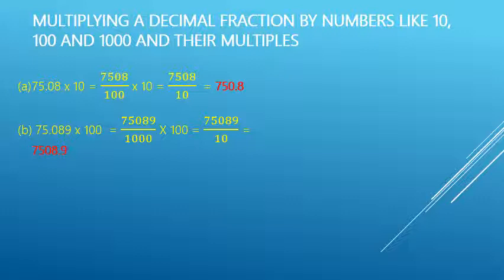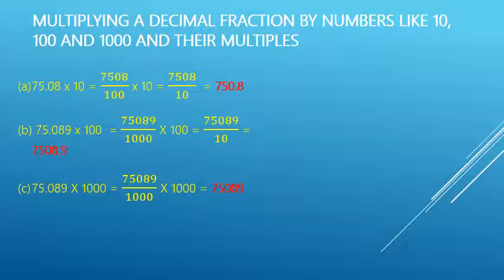We get 75089 upon 10 by cancelling the 2 0s in the numerator and in the denominator. So again we will write it as a decimal fraction, which is equal to 7508.9.